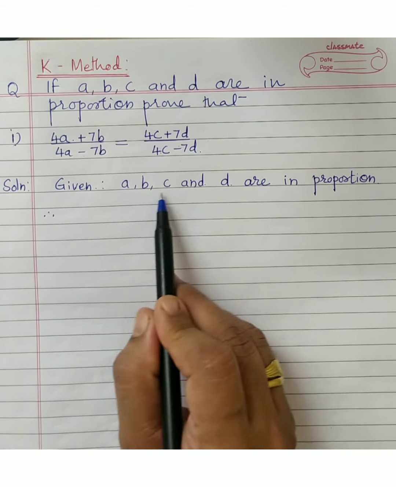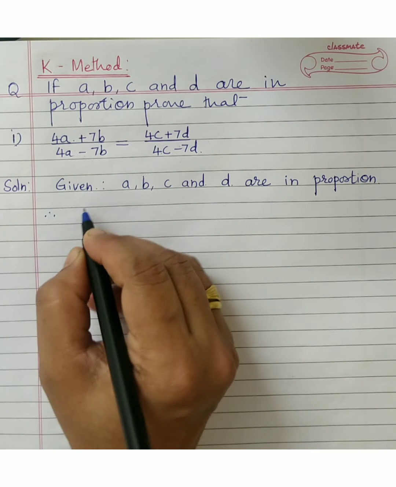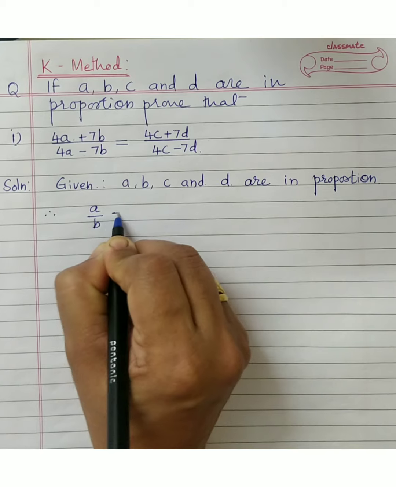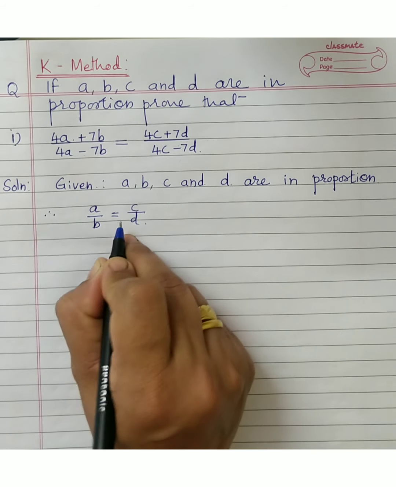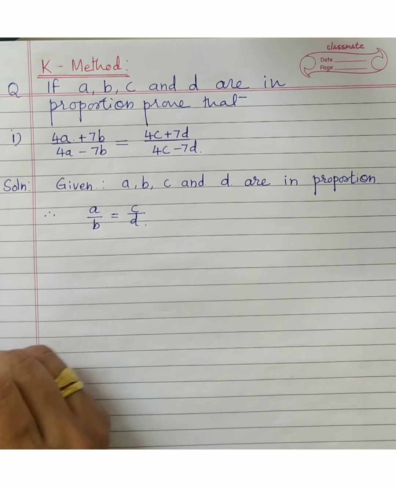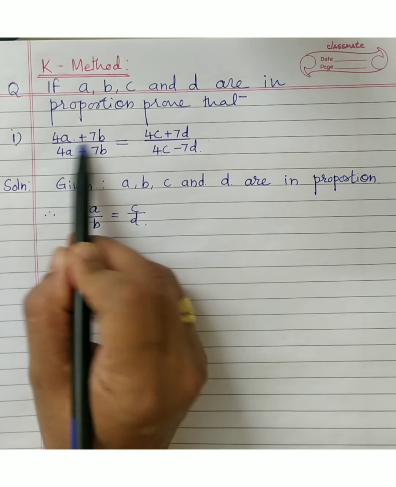First, the statement. What is given? a, b, c, d are in proportion. That means a upon b is equal to c upon d. This is given to us, and this is what you have to prove. First thing, you will convert it into the fraction you need.